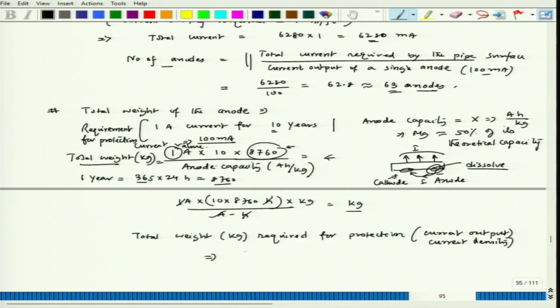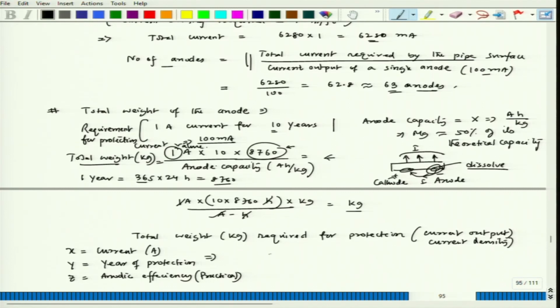Let us say x is the current in ampere, y is the years of protection, and z equal to anodic efficiency. This is practical, not theoretical, which is impossible to achieve.